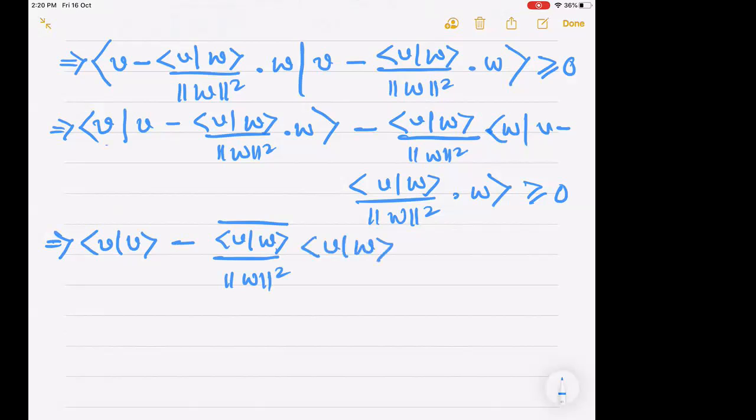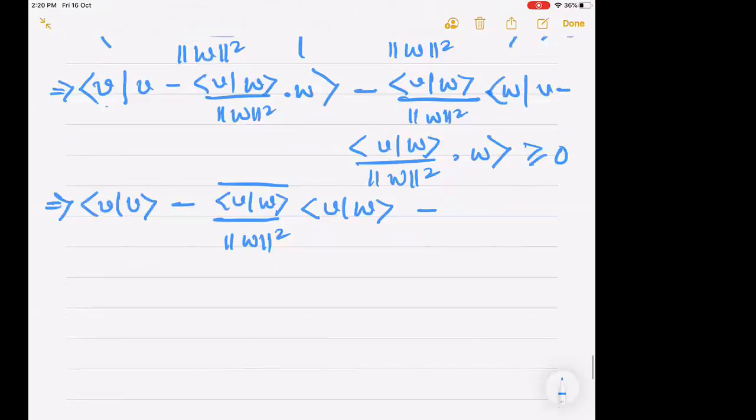times <V,W>, minus this is going to be <V,W> by norm W squared times <W,V>, then minus minus plus.